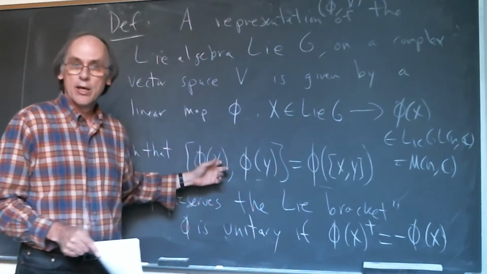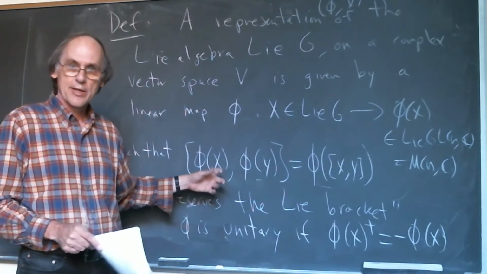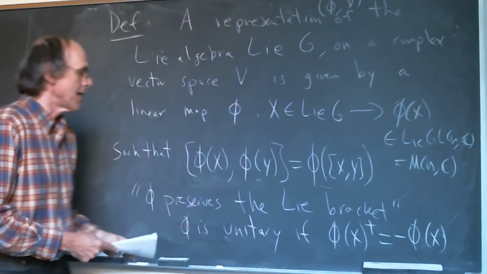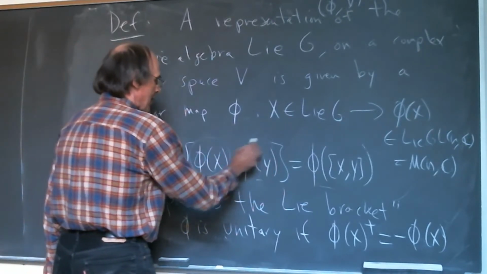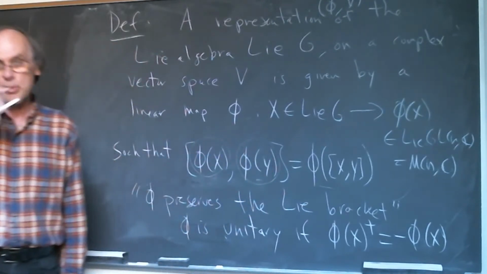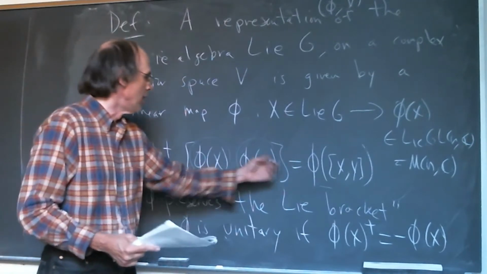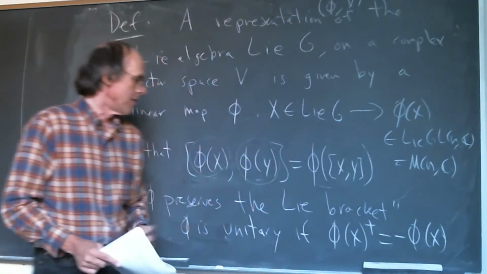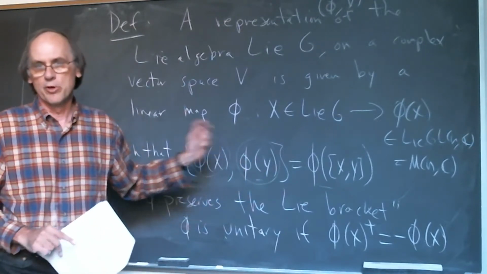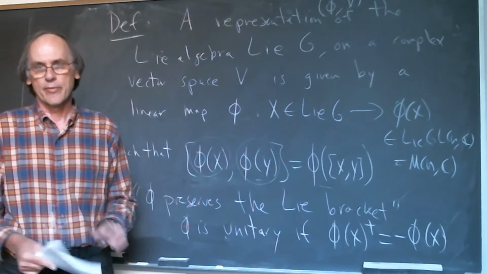You're just going to have one of these, and this is what you're going to work with, these operators, these phi of x's. These are going to be the operators that occur in quantum mechanics, nice skew adjoint operators. They're going to be, in some sense, your interesting observables in quantum mechanics.